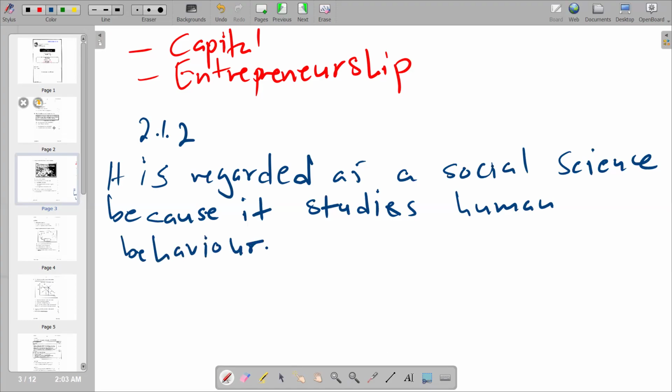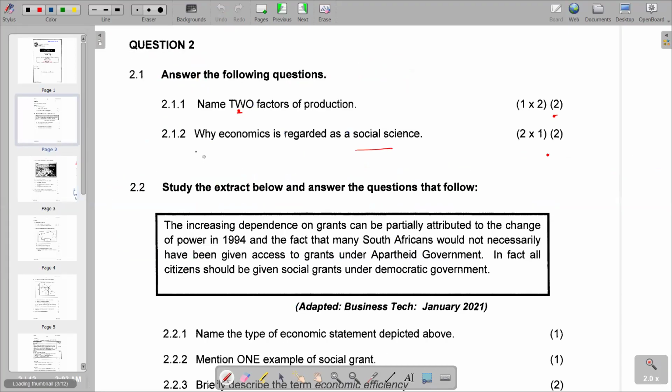So this is the response that we have in relation to our question, which is why economics is regarded as a social science. So I'll go to the next part where we are given 2.2, which is: study the extract below and answer the questions that follow.